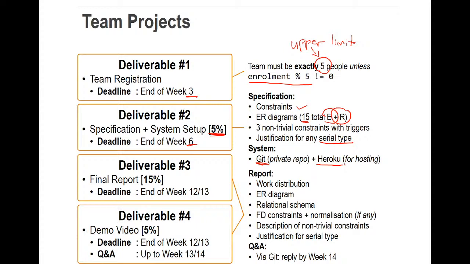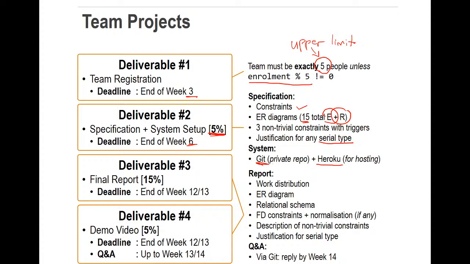The team need not be from the same tutorial slot. So for the team registration, it can be from any tutorial slot, because currently you do not know what your tutorial slot is. Okay, so I want your website to be live. Again, this is also good for you because it can be part of your CV, that you have this as your project work for the world to see.